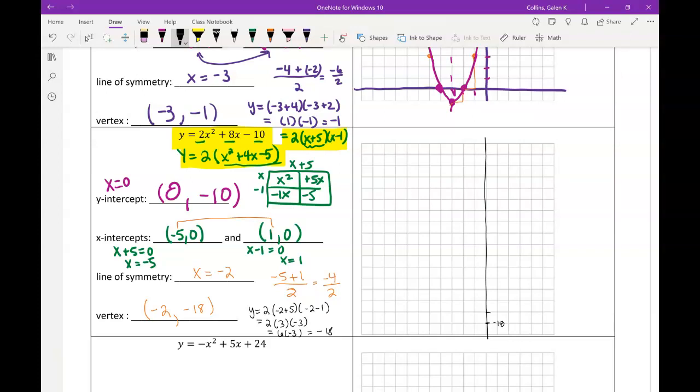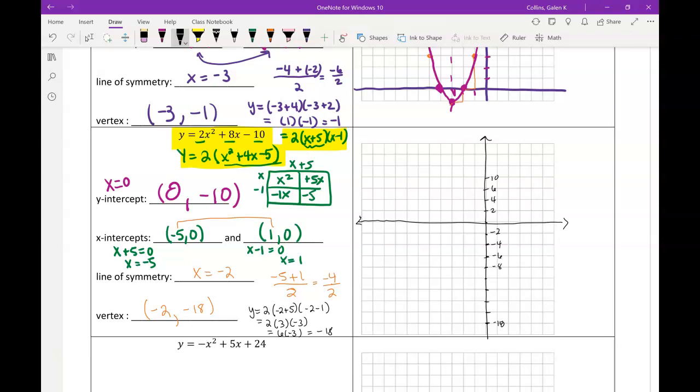So negative 16, 14, 12, 10, 8, 6, 4, 2, 0. I'm just going to personally put my x-axis up here so that there's room for it. All right, so again, we're counting by twos. If you graphed yours and you're just using this video to check and you did it differently, that's fine.